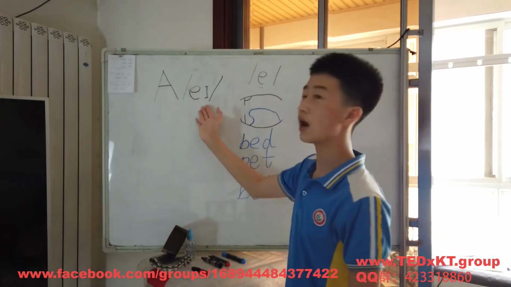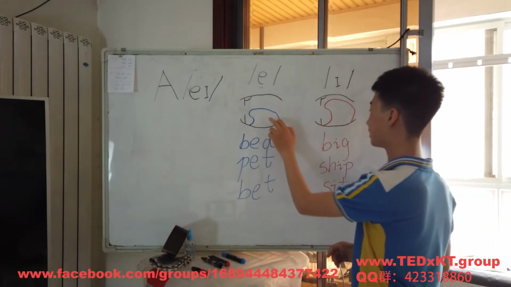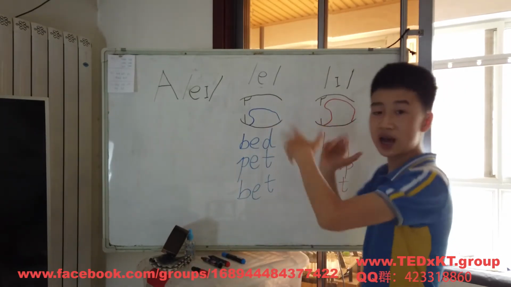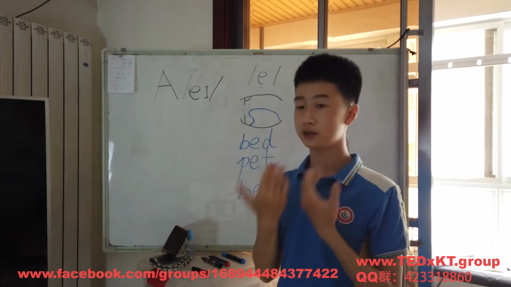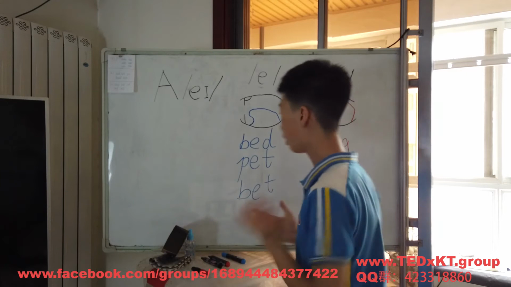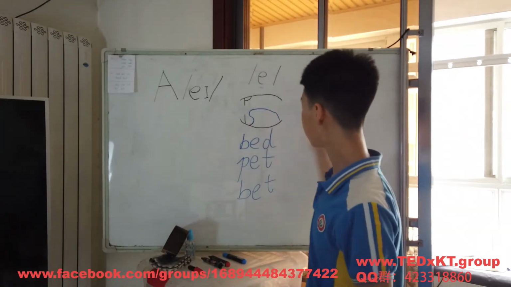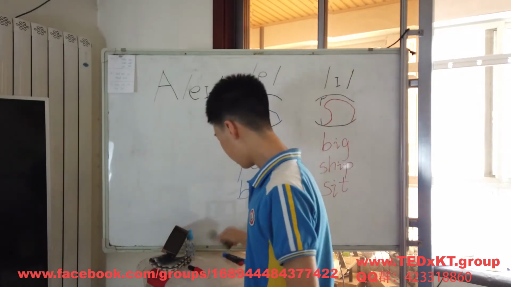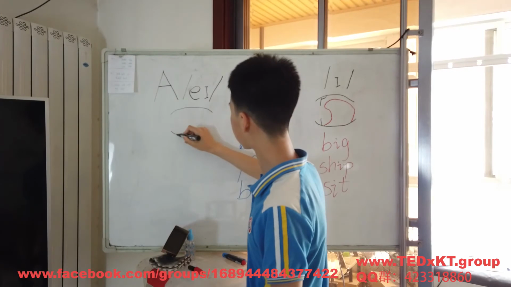Repeat after me. A. So what you do is first pronounce this and then slide your tongue into this position while always pushing air out of your throat, and of course doing what you always do while pronouncing words. Now let's draw a mouth at this point as well.